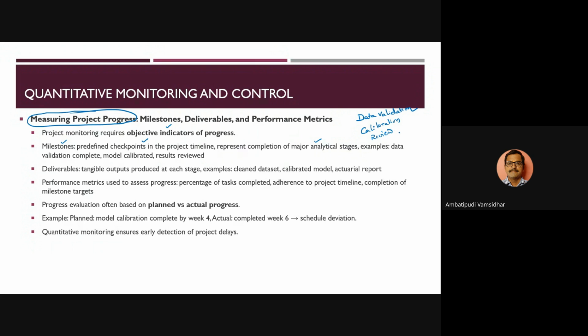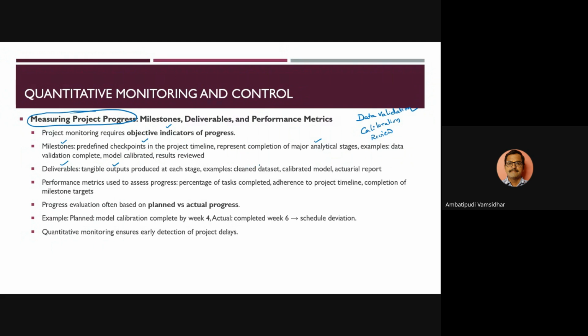So these are the major stages in any project, and we are trying to identify to what extent we are closer to completion of each of these stages as such. And obviously, deliverables are also something that you will measure because some tangible outputs are produced at each stage.